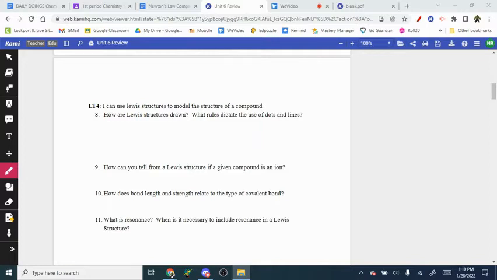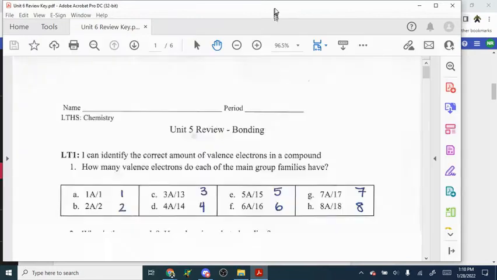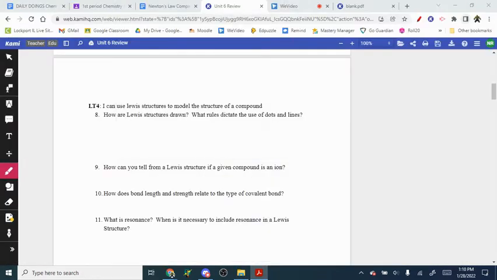First, we are going to find how many valence electrons each element in the compound has. Once we find how many valence electrons there are, we are going to then find the skeletal structure of the compound.